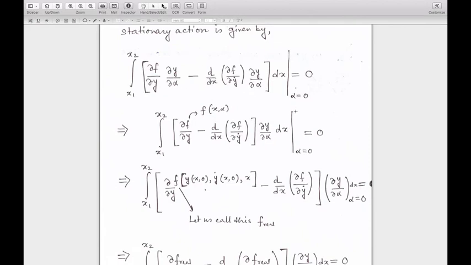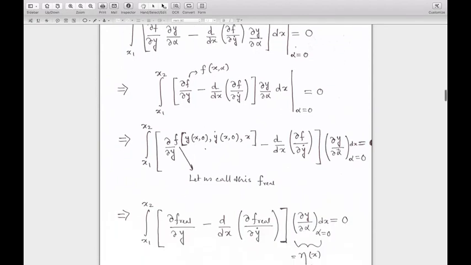dx. Then you can easily say that finally I am writing the total expression into two parts. So this will be finally the integration from x1 to x2 of ∂/∂y of f(y(x,0), y dot(x,0), x). Here we have already started to evaluate the whole thing for alpha equal to 0, right?